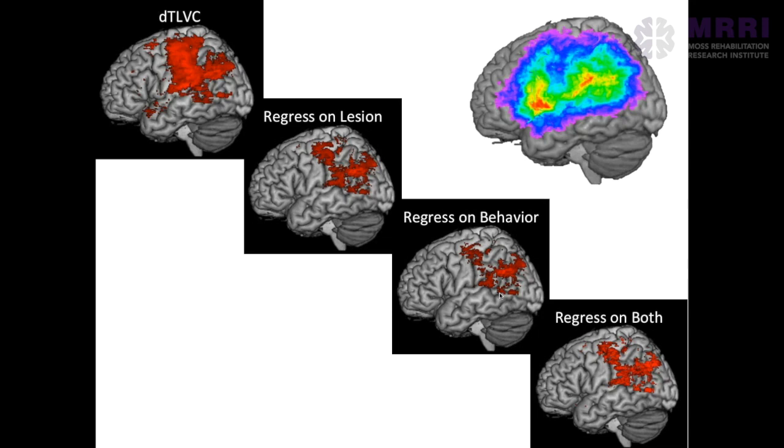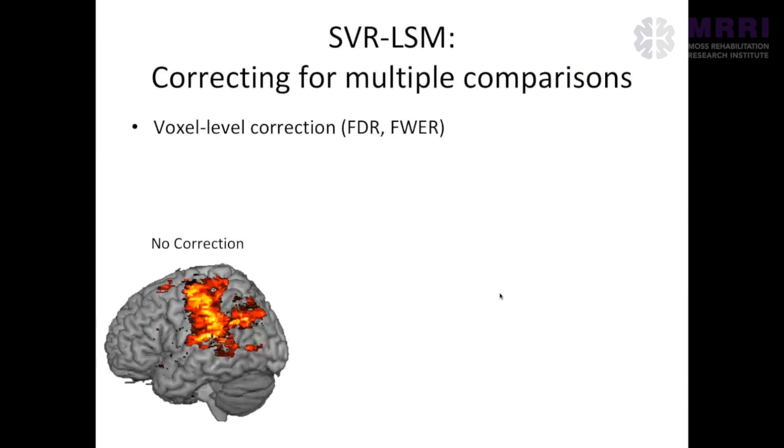The other major factor that plays into this is correcting for multiple comparisons. So again, this is at the end of your analysis. When you have your map, what do you do with it to address the fact that you are still calculating statistical values at the voxel level?